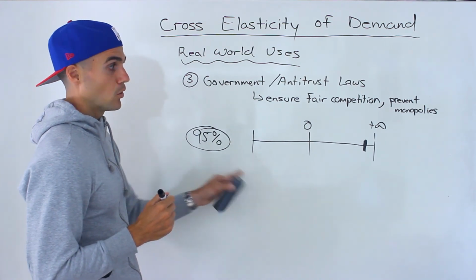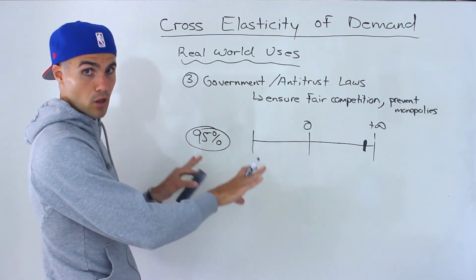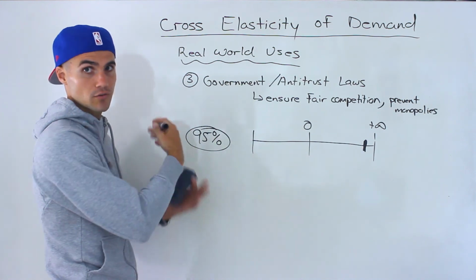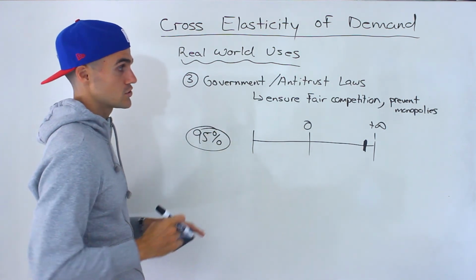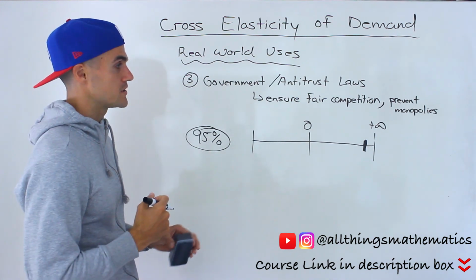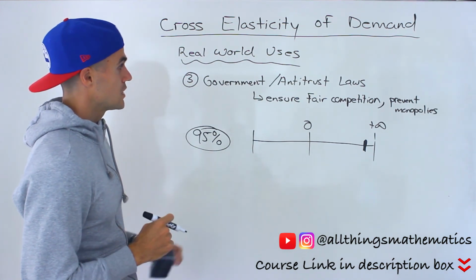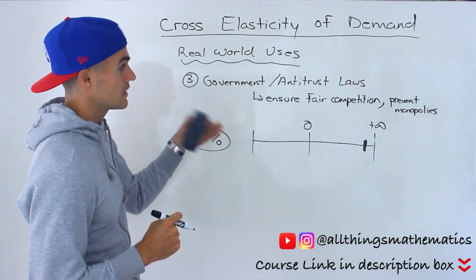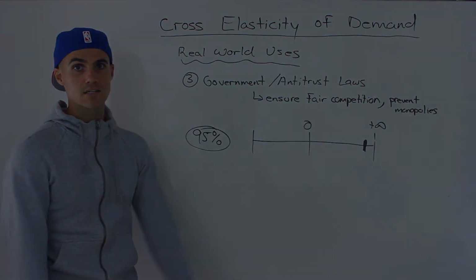AT&T and then T-Mobile wanted to merge, and they got blocked by the government from doing so because, again, they would just control too much of the market if both of them merge. It would pretty much be a monopoly, and there wouldn't be as much fair competition, right? So that's just another way that the cross elasticity of demand can be used. Governments can use it to help enforce antitrust laws.